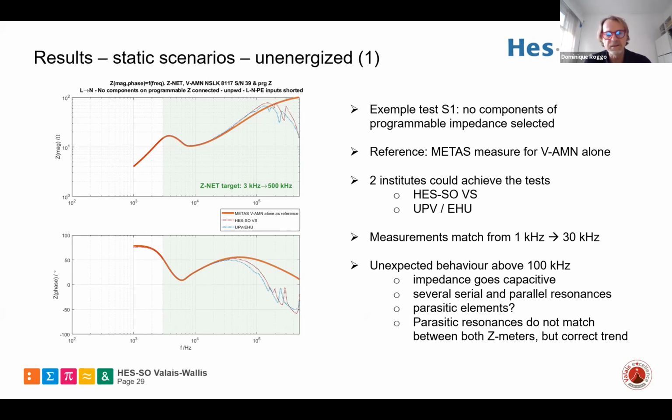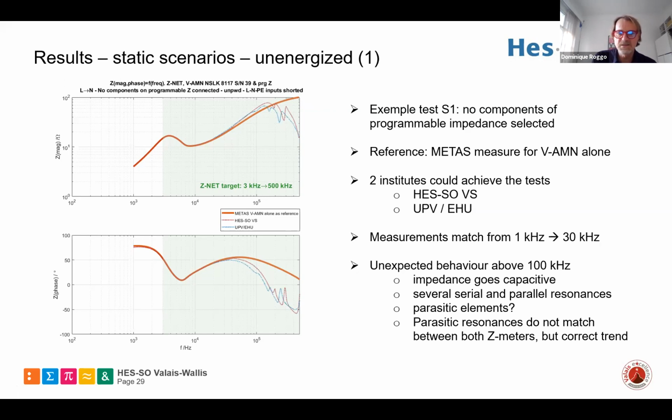We have a feeling that there is a bit too much capacitance in the device, because we can see here, for instance, that when it's not connected to the grid, we have some behavior, mainly inductive, but when we measure the energized device, we get similar results, but a lower impedance in the high frequency range, more oscillations, and so on. So there are parasitic components that we think are not behaving the same when they are energized or not.